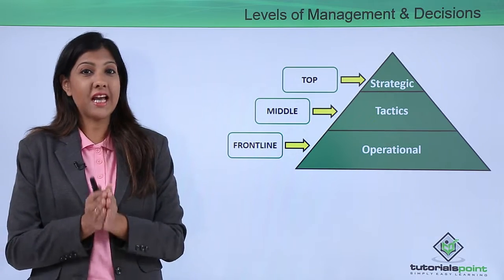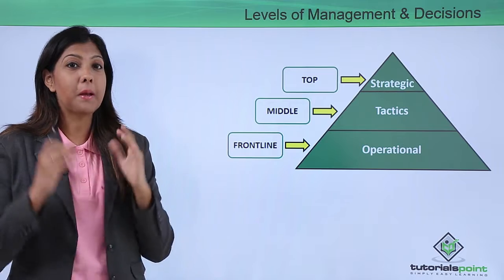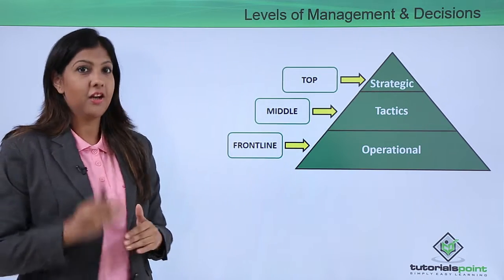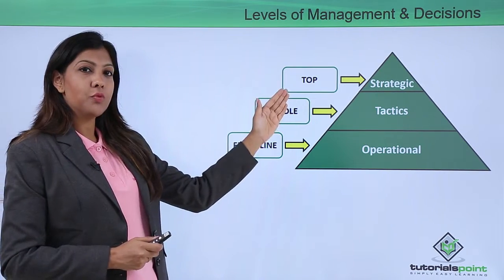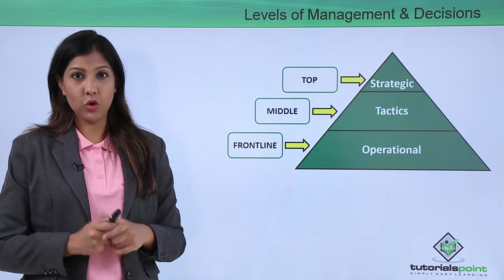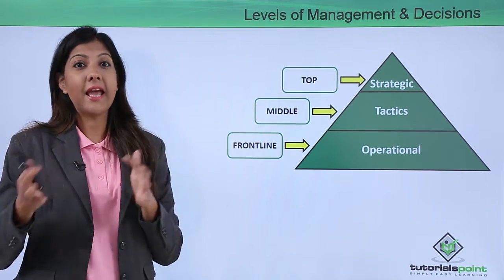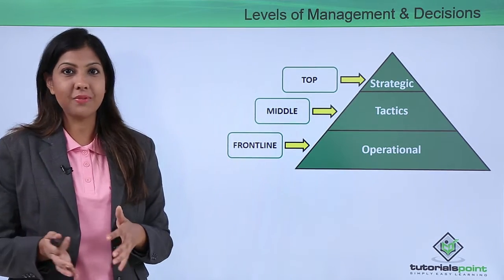Now there are different levels of management as well as the decisions that those levels of management take. For example, top management, who are sitting at the very top of the corporate, like the decision makers and stakeholders and founders and MDs and partners of the company.